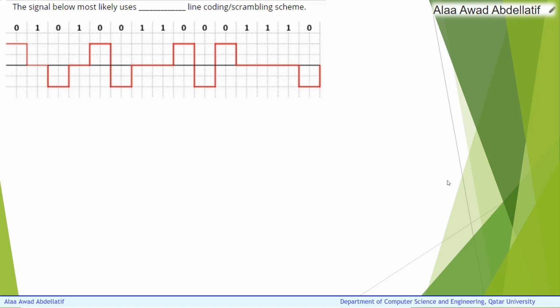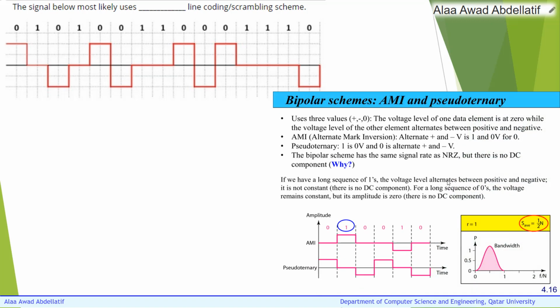Do you remember this question? It was in the quiz. It's bipolar AMI, the simple one. Why? Because from the figure, the zero always makes inversion, sometimes taking positive and sometimes negative, while the one is always zero. So you can detect the type of coding from the figure by checking the values of one and zero: one will always take a fixed value, or zero will take a fixed value, or one with zero make inversion.